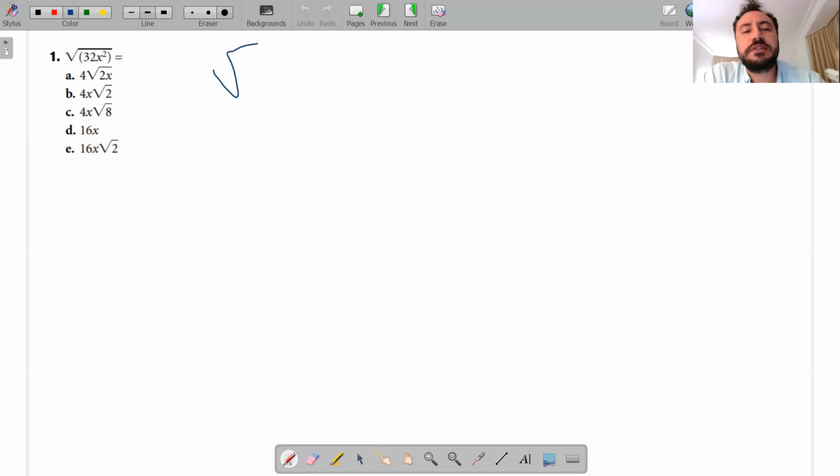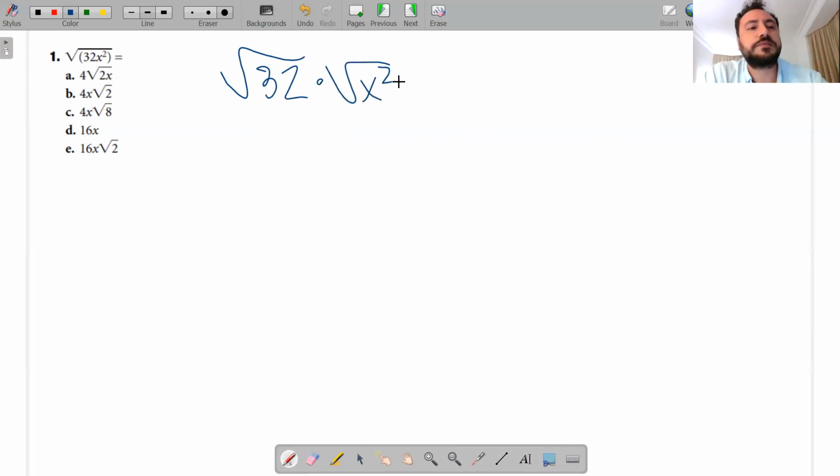So I can write that as the square root of 32, then multiplied by the square root of x to the power of 2. By doing that, this will just become x, because there is just a 2 under that square root.